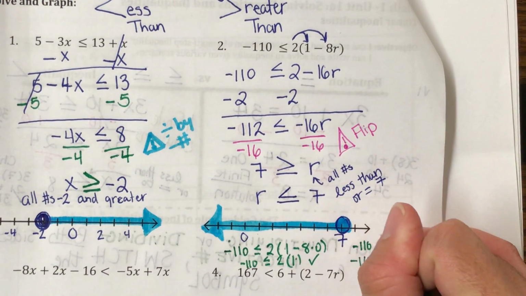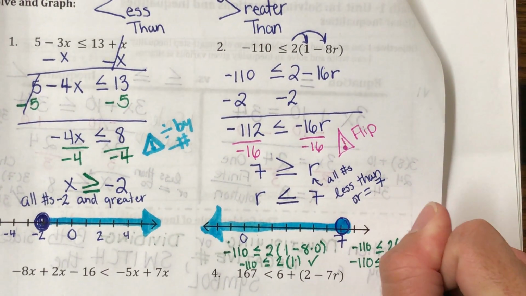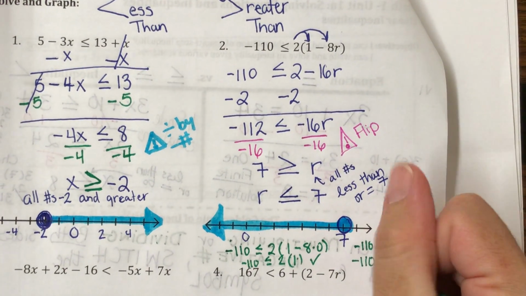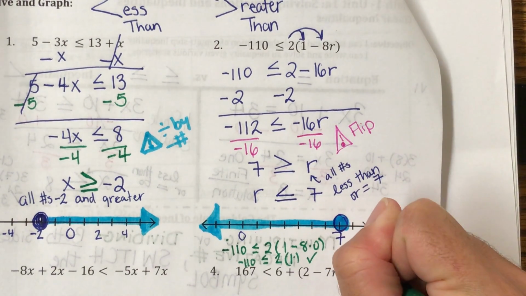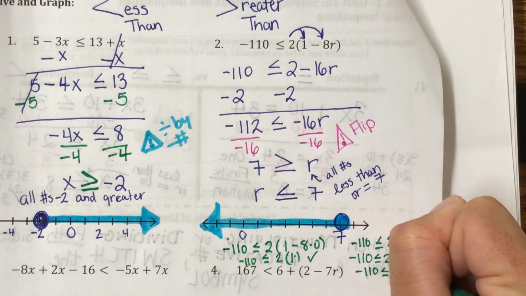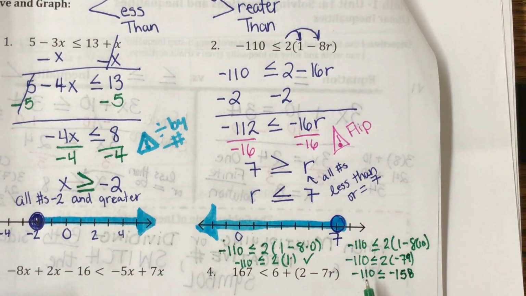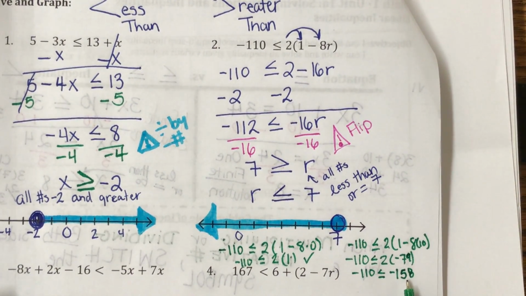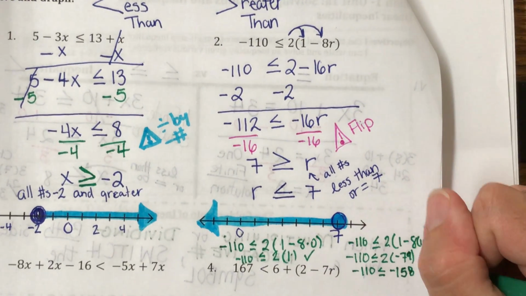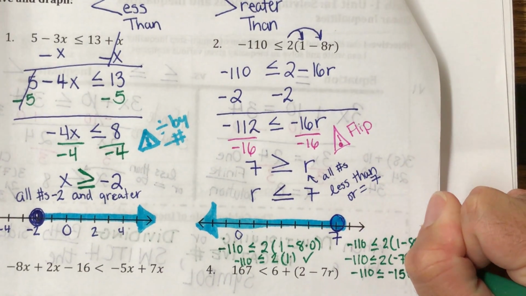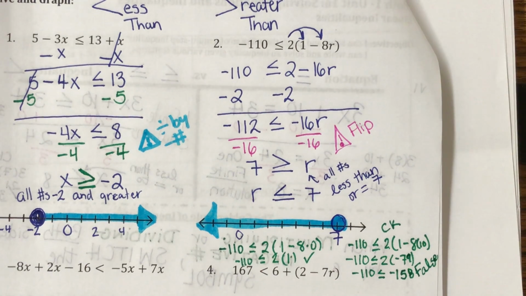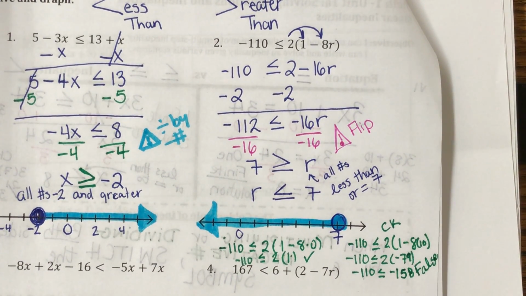So is negative 110 less than or equal to 2 times negative 79? 2 times negative 79 is negative 158, and I would rather be $110 in the hole versus 158. So negative 158 is not greater than negative 110, so that is false. Again, you can pick numbers on the number line and plug back into the original to check.